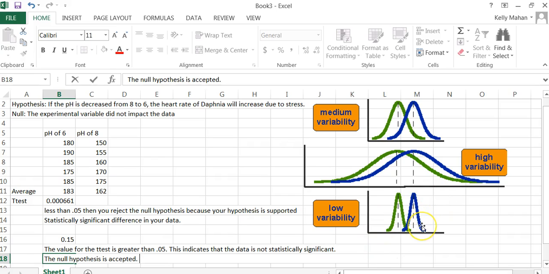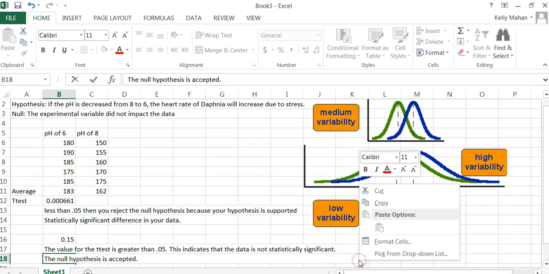This data says, wow, I'm really, really sure that my two groups are totally different, which means something serious is going on here. So that's how you run a t-test using Excel, using two different groups of data.